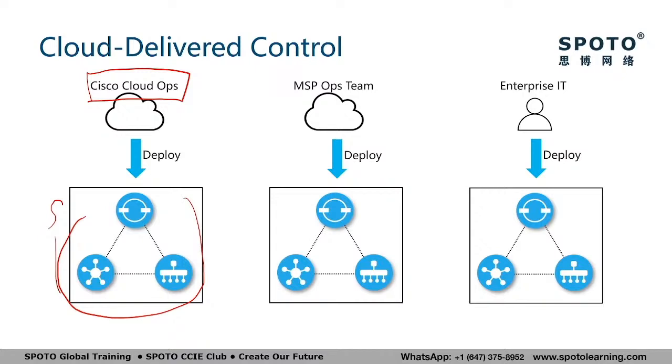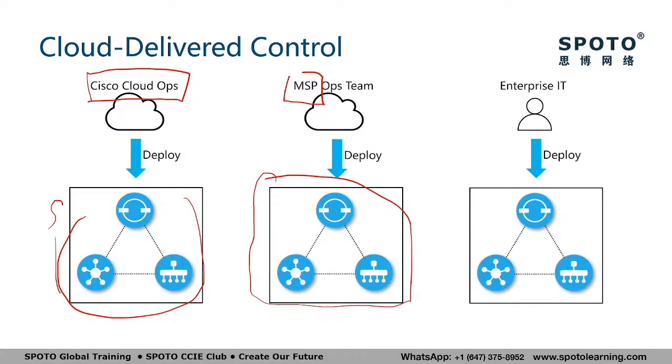The second model is MSP Ops Team. MSP means Managed Service Provider, for example, Telecom, Vodafone. They can host this solution, the management cluster, by themselves, whether it's in the public cloud or in their private cloud.